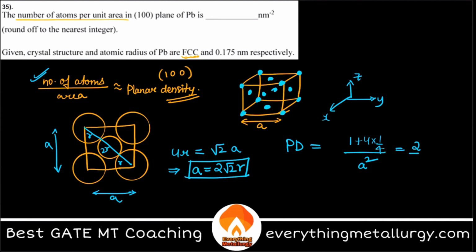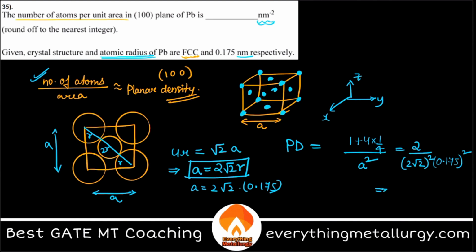So 2 divided by A square. Here we are given the atomic radius. So A is equal to how much? 2 root 2 into 0.175. No need to change it because the units are also asked in the same nanometer. So 2 by (2 root 2) square into 0.175 square.